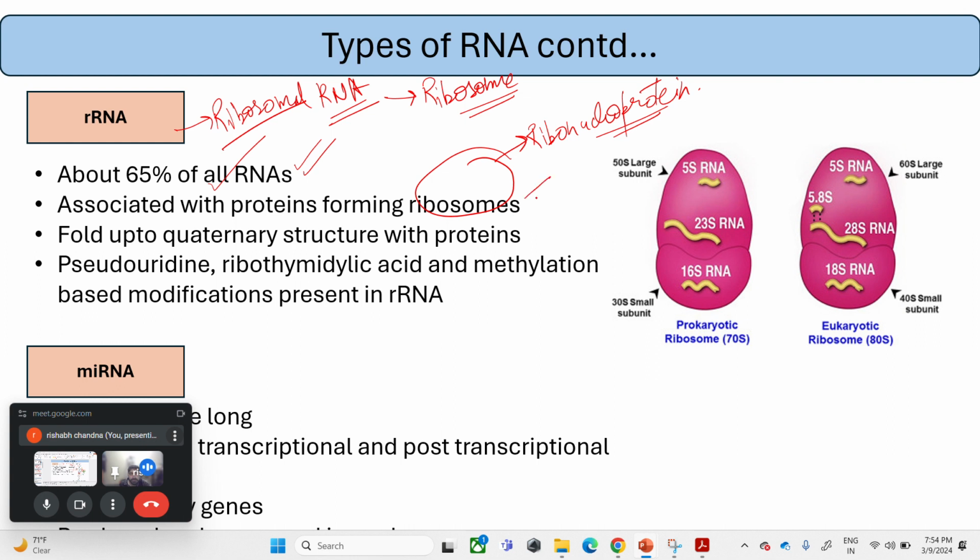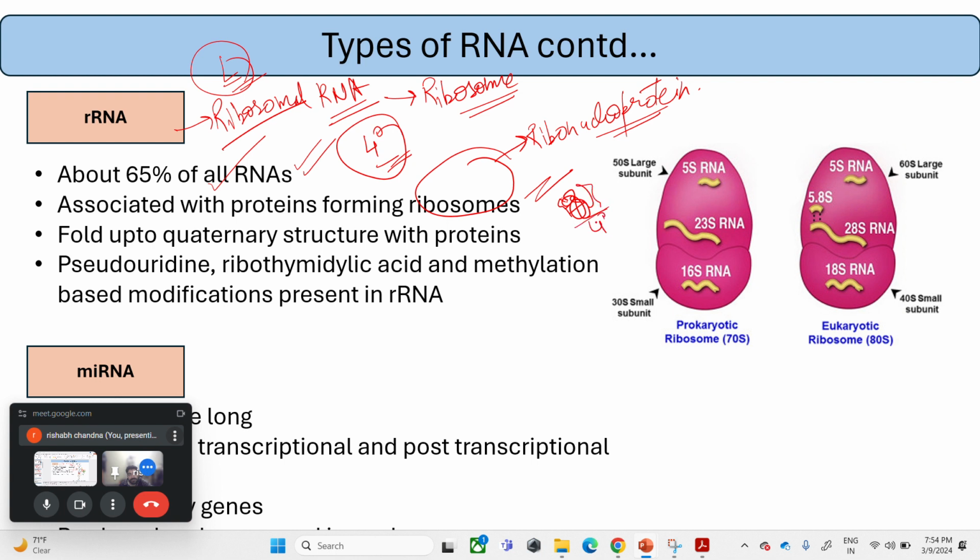Okay, so these are the ribosomes, and they fold up to a quaternary structure. As we saw in the tRNA case, the maximum level it can fold is the tertiary structure, the L-shaped structure that we saw, and this is the quaternary structure with the proteins. For example, this rRNA molecule is attached to the protein, forming various kinds of loops.